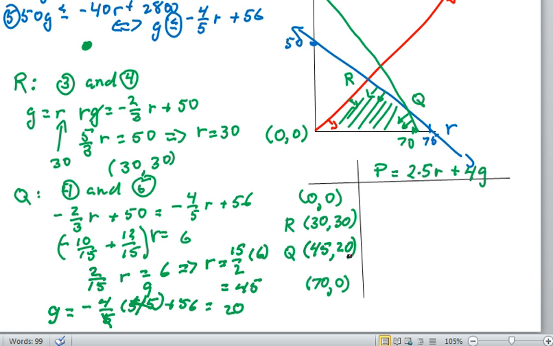And so we now can find which of these provides the maximum profit.